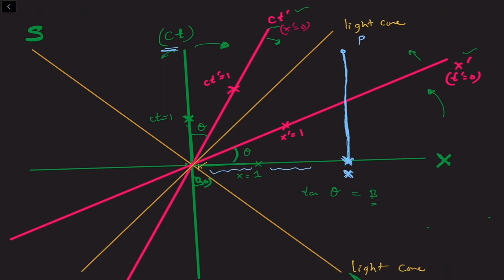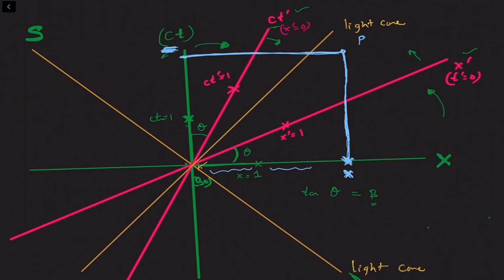And similarly for the time coordinate, we draw a parallel to the x-axis, since the points on a parallel to the x-axis all have the same time coordinate.